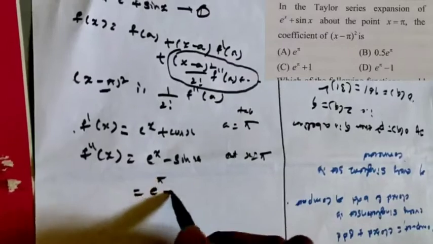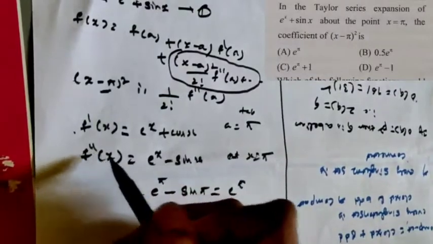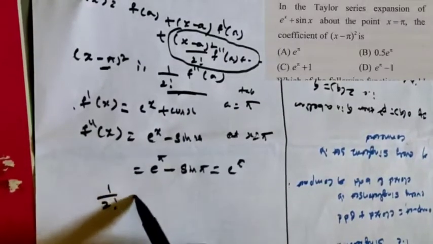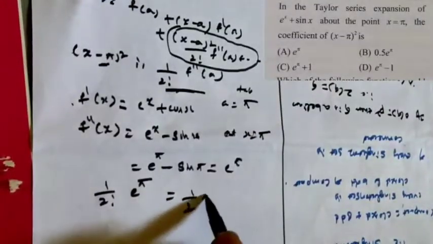What we get: e power of pi minus sin pi, this is equal to e power of pi. Substituting f double dash of pi, 1 by 2 factorial into f double dash is e power of pi. Okay, the coefficient of x minus pi whole square is 1 by 2 e power of pi. This is our required answer, that is equal to 0.5 e power of pi.